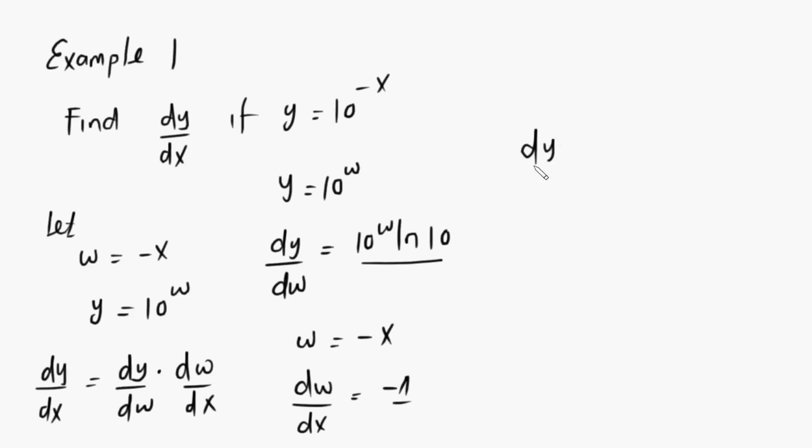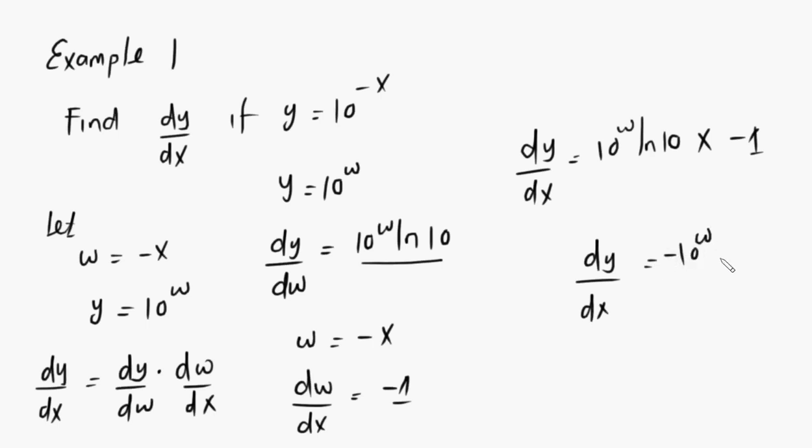So now my dy dx is just going to be equal to dy dw, which is 10 power w ln 10, times negative 1. So dy dx is equal to negative 10 power w ln 10, hivyo. So I want to simplify that further, naweza nikaandika as 10 power w times negative ln 10, okay?